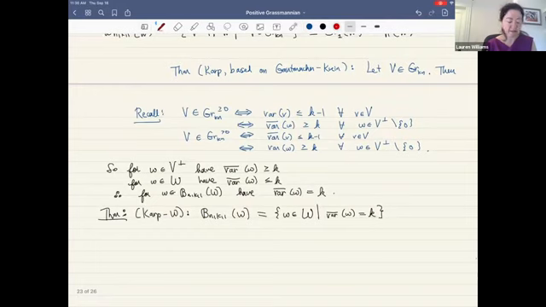So this is a description of the m equals 1 amplituhedron, and we can also translate that back into a statement about the A amplituhedron as well.